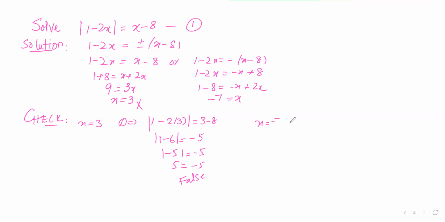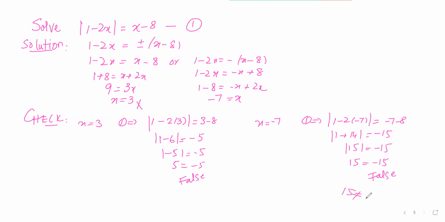For x equals minus 7: |1 minus 2 into minus 7| equals x minus 8, so |1 plus 14| equals minus 15. |15| is 15, and 15 cannot equal minus 15. This is false, so this cannot be the answer.